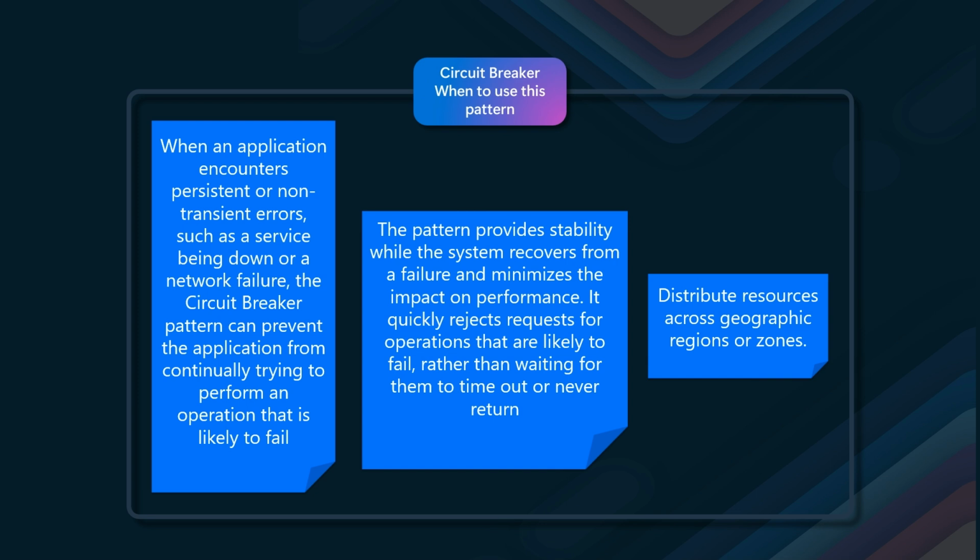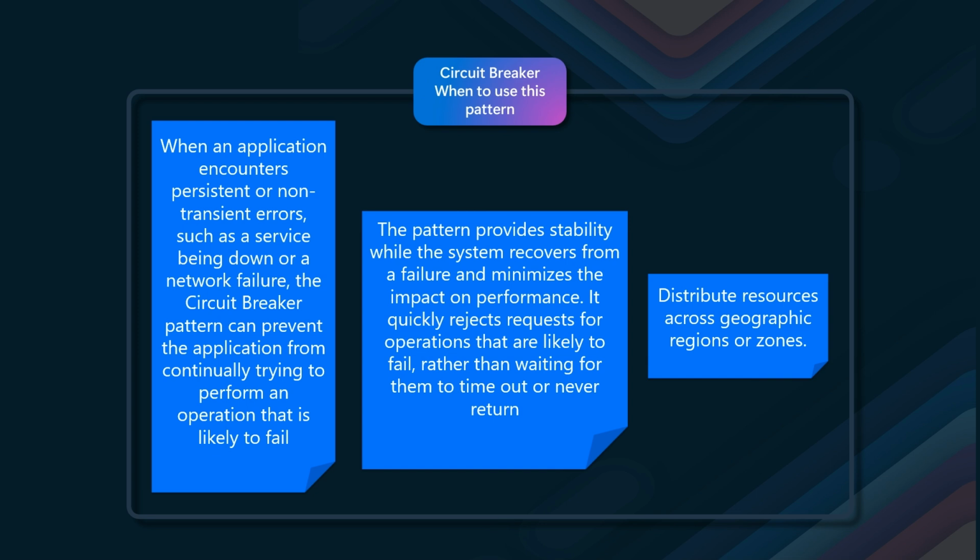Improving system stability. This pattern provides stability while the system recovers from a failure and minimizes the impact on performance. It quickly rejects requests from operations that are likely to fail rather than waiting for them to time out or never return. When faults are likely to be long-lasting or terminal, the circuit breaker pattern can handle these faults as exceptions.